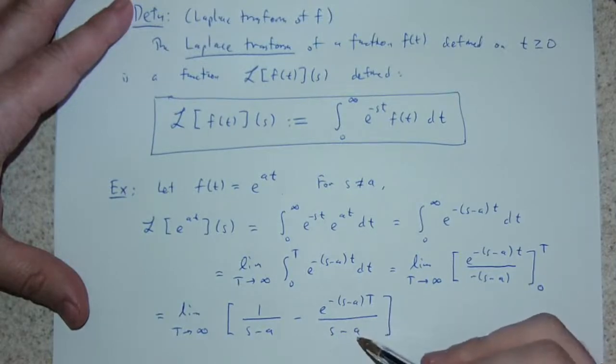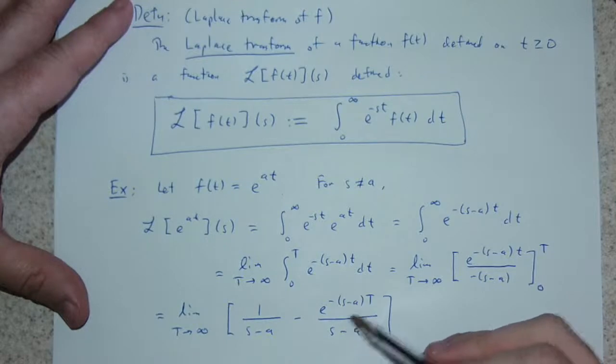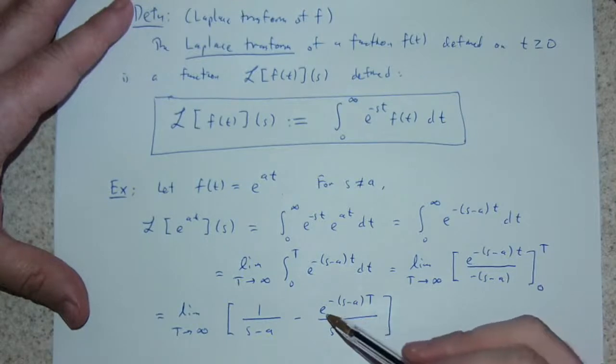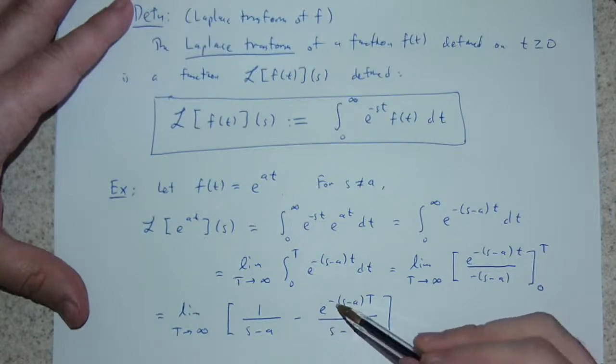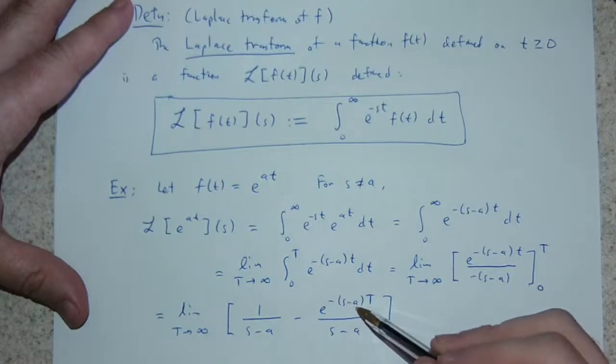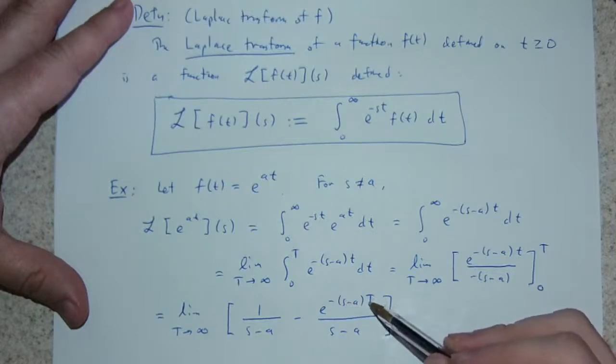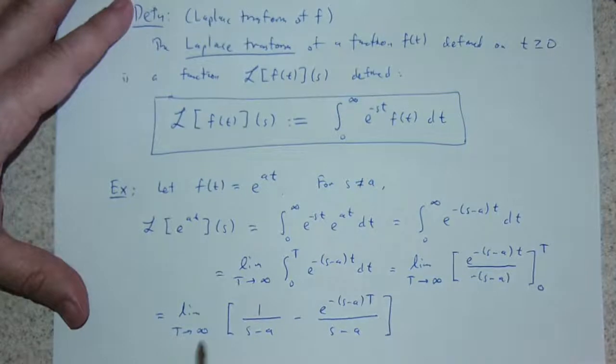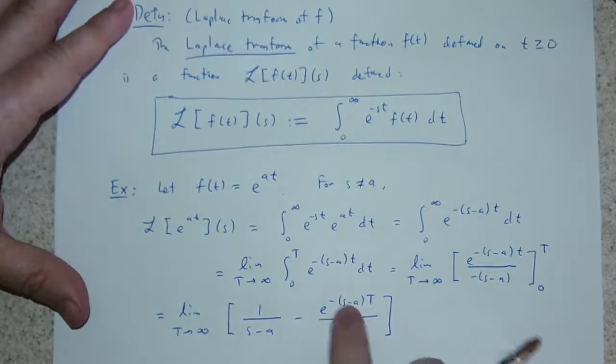The denominator doesn't depend on big T at all. The numerator does. The numerator is this exponential, e to the minus s minus a times big T. As big T goes to infinity, what does this approach? Well, it depends on the sign of the stuff that comes before it.